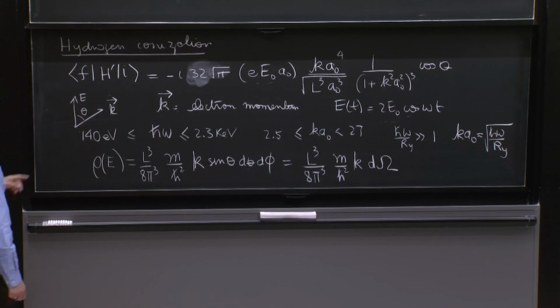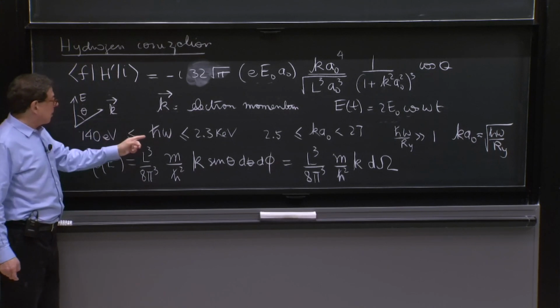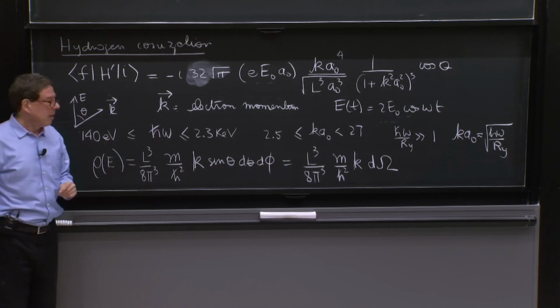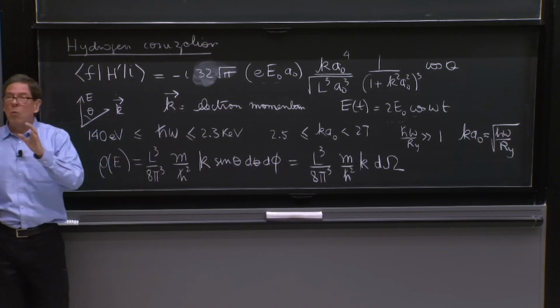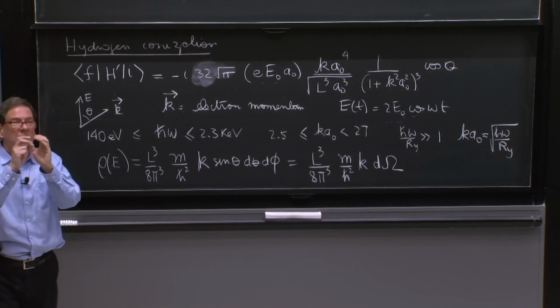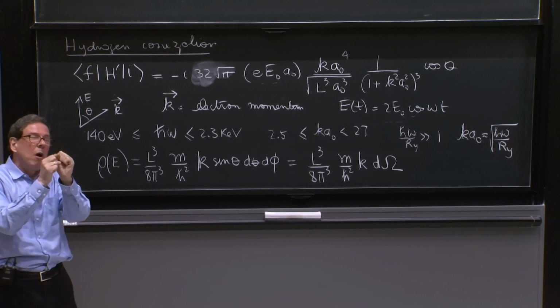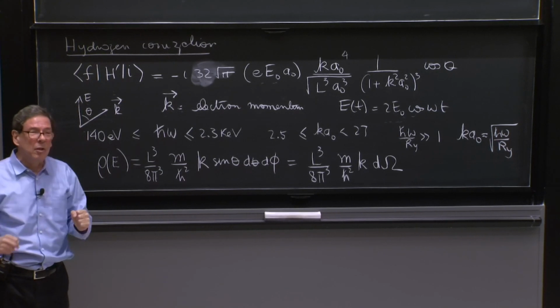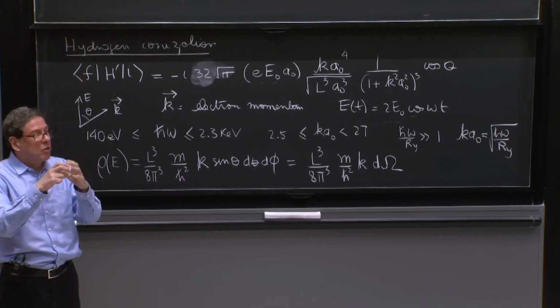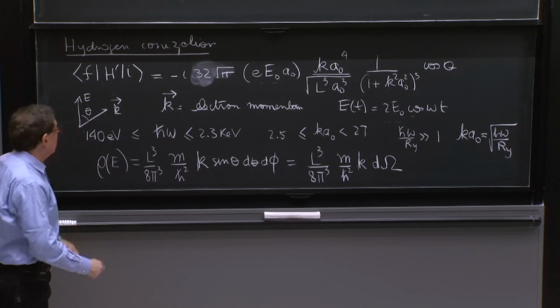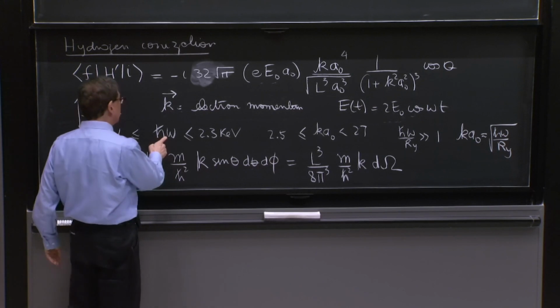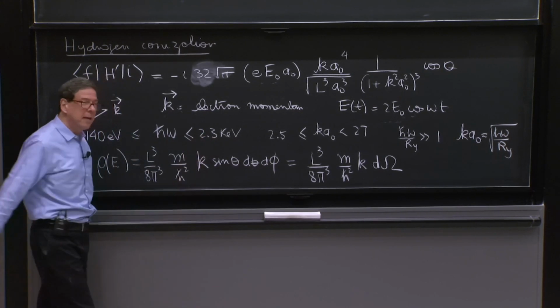We discussed that the photon had to have an energy that was not supposed to be too big, so that the wavelength of the photon would not be much smaller than the atom, in which case the spatial dependence of the electromagnetic field would be relevant. So for simplicity, we took photons not to be too energetic.